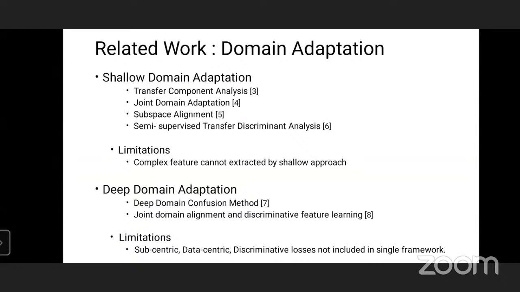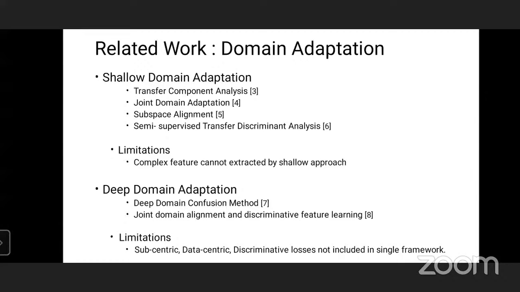When we consider supervised learning, with the availability of labeled information we can easily implement face analysis, image retrieval, or classification applications. The challenging case comes when we lack labels. In this case, we use domain adaptation.